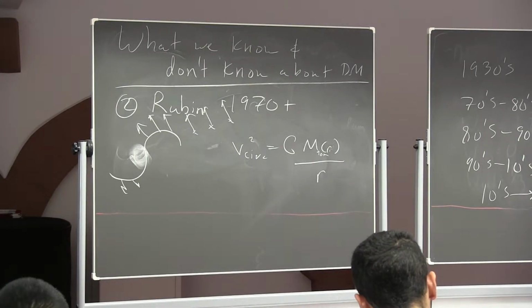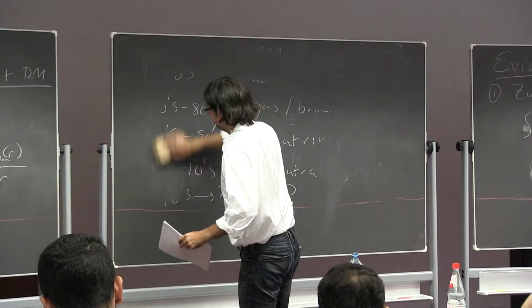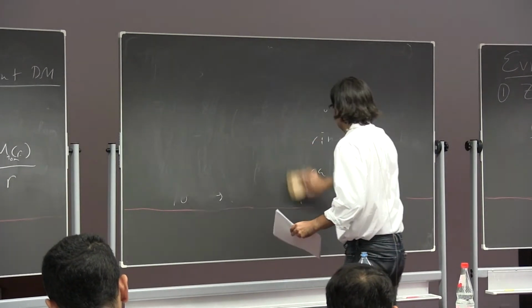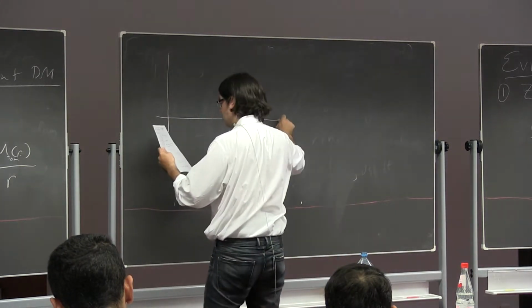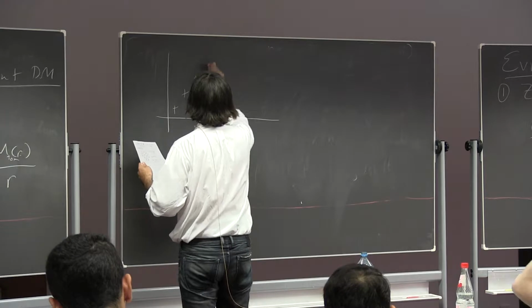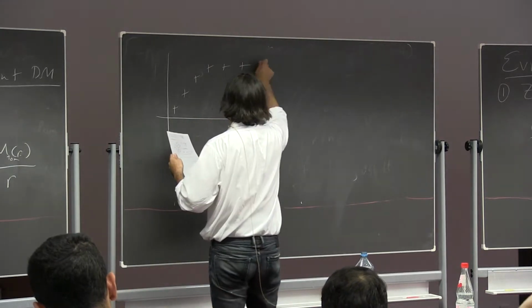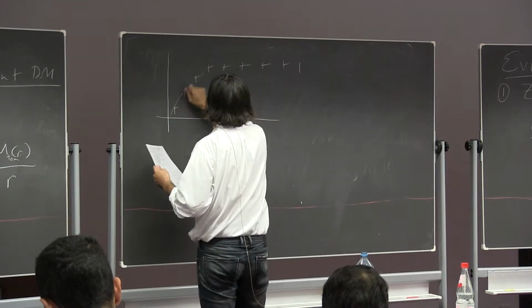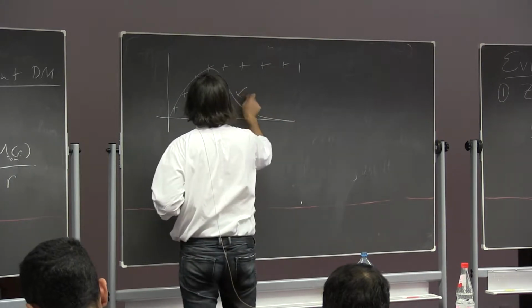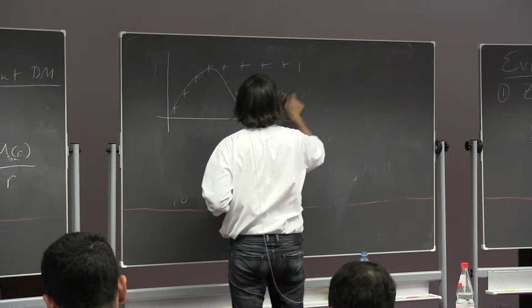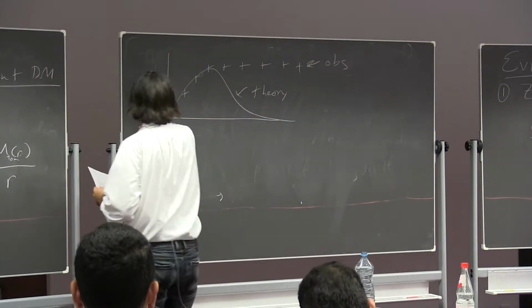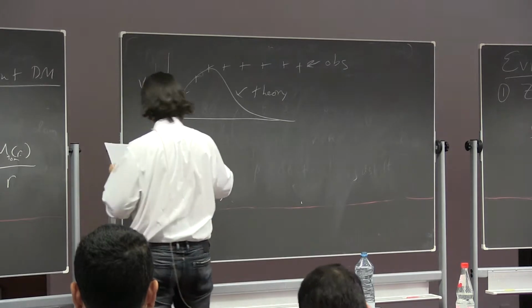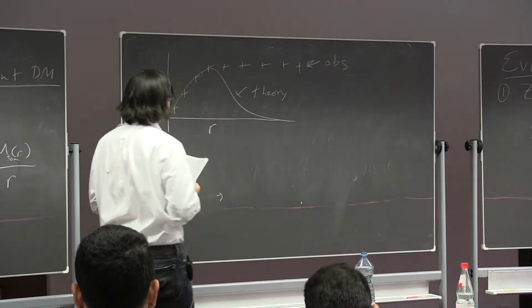And what was, of course, critical about this measurement was not just that it found that there was dark matter, it's that the matter distribution was very, very different.